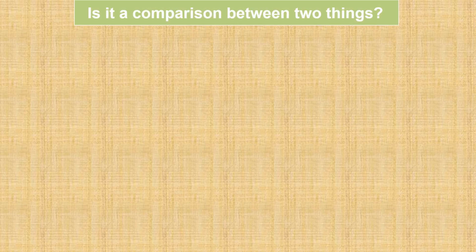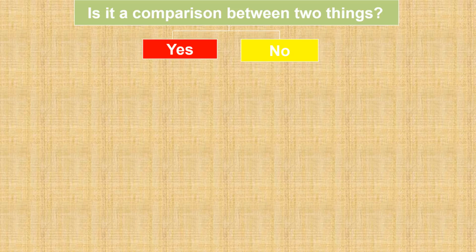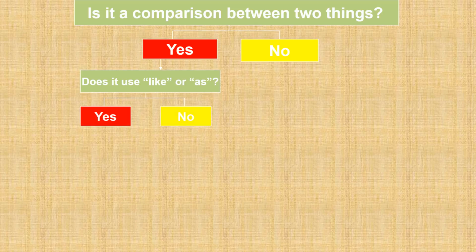Now let's look at the summary of what we have discussed. Is it a comparison between two things? Yes. Does it use like or as? Yes. If it is yes, then it's a simile. Remember simile?